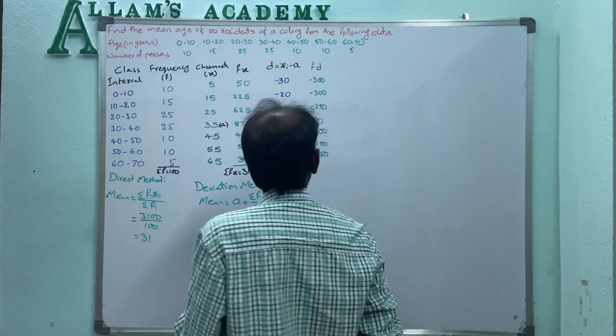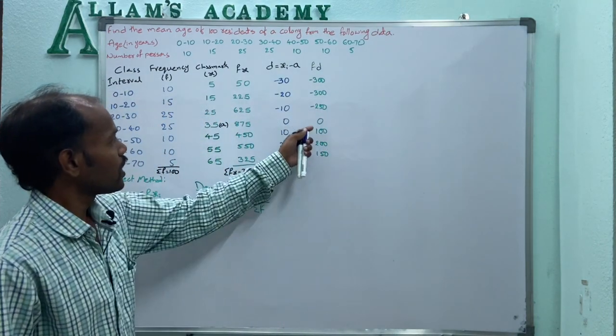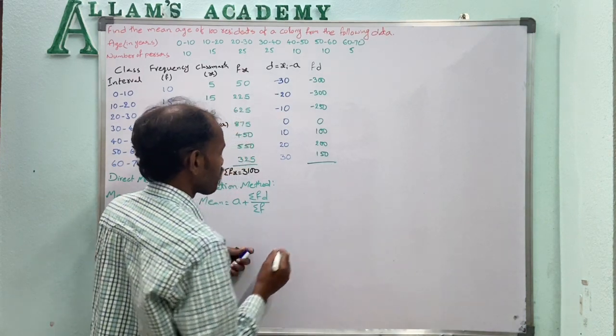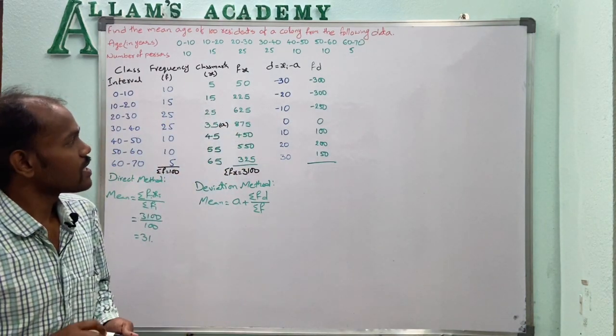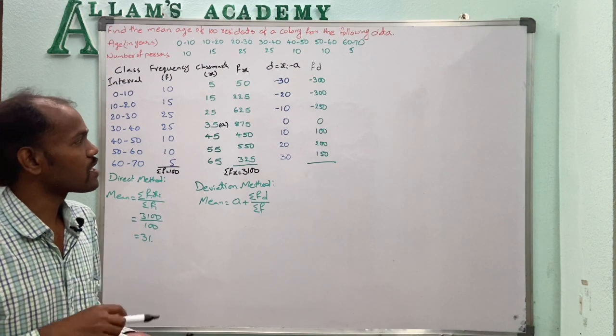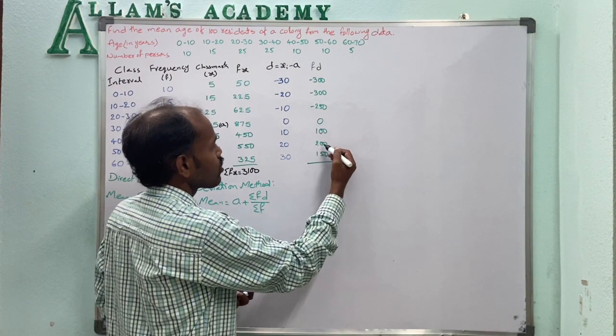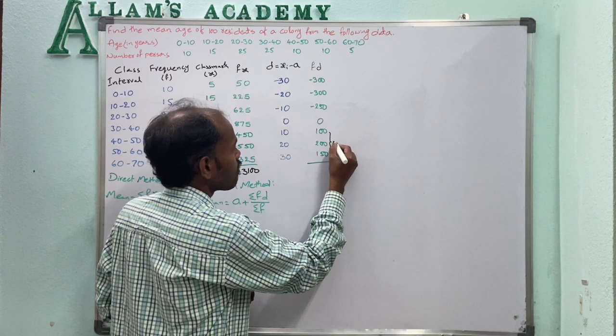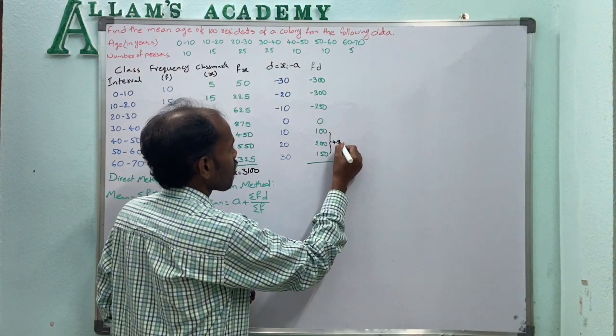Now if we add these numbers, the summation of the positive numbers 100, 200, 150 is 450.